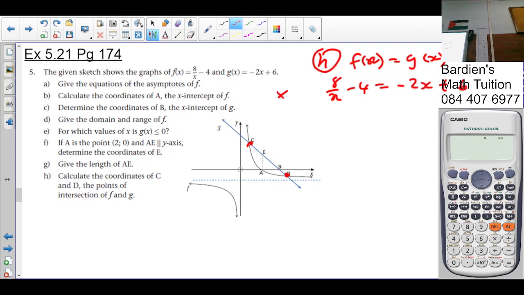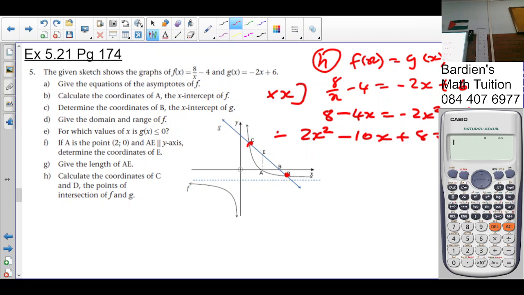So I multiply throughout by the LCM, which is x, to get rid of the denominator. So I get 8 minus 4x is equal to negative 2x squared plus 6x. Quadratic, so take everything to one side: 2x squared minus 10x plus 8 is equal to 0. Divided by 2, so x squared minus 5x plus 4 is equal to 0. Trinomial. If you don't know how to factorize a trinomial, use your quadratic formula.